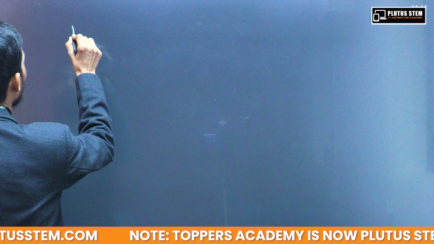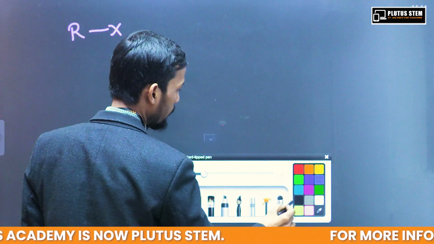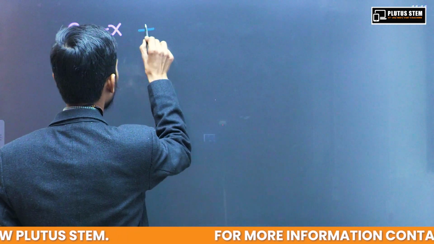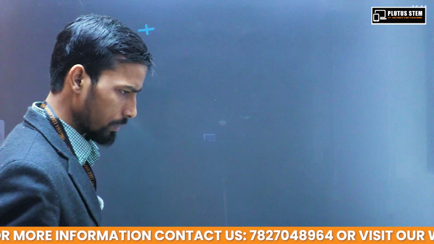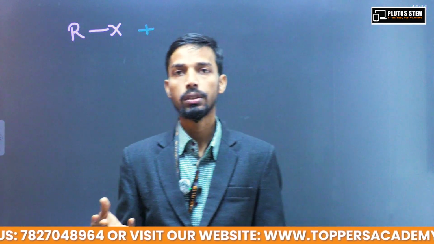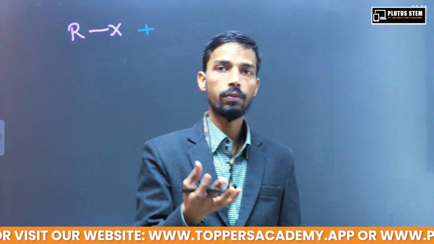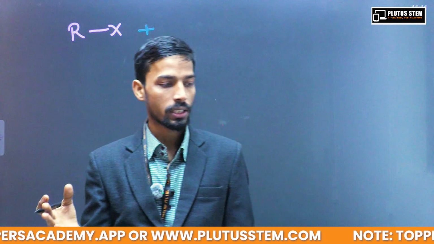So these are like alkyl halide. If we have this alkyl halide and it reacts with KOH, then we are going to have SN2 type of reaction.